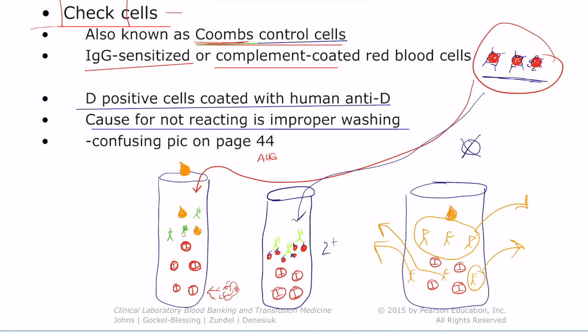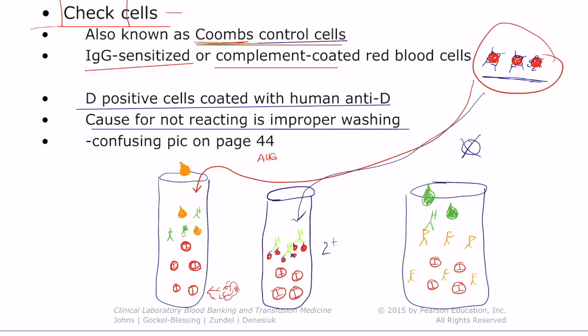If, however, we do not wash appropriately, let's see, I want to go back. So we don't wash appropriately. When we don't wash appropriately, these antibodies stay in here. So this is the improper scenario. And when that occurs, and we now add our anti-human globulin, here's our anti-human globulin, we're adding to it. Remember, these guys here are human antibodies.